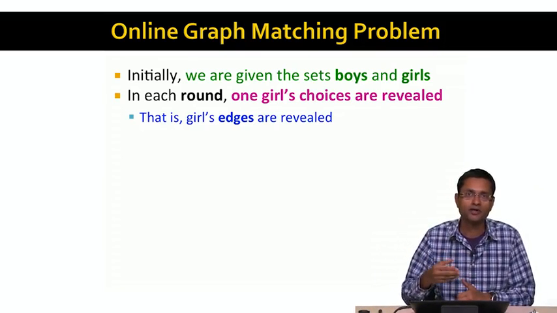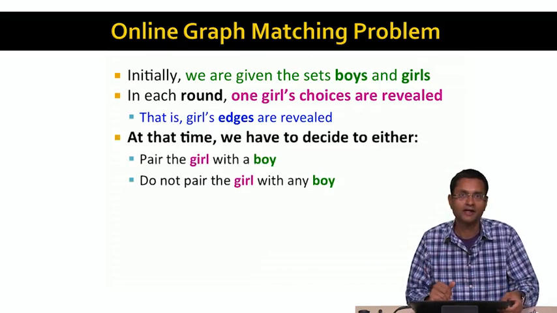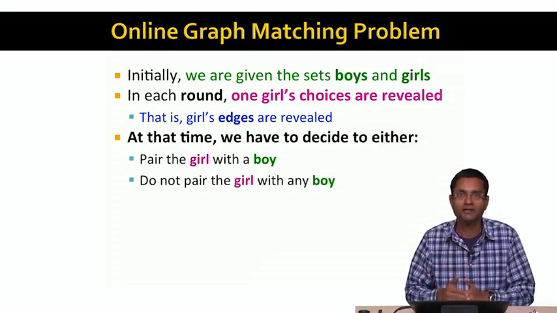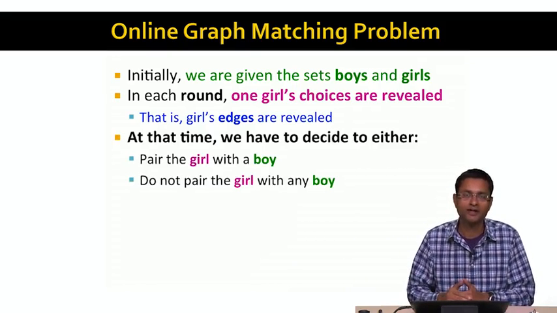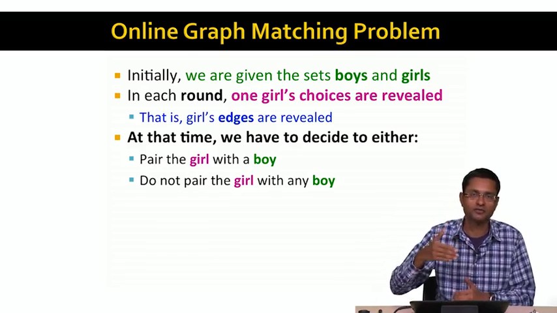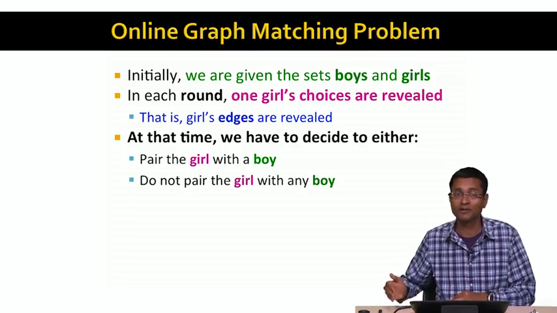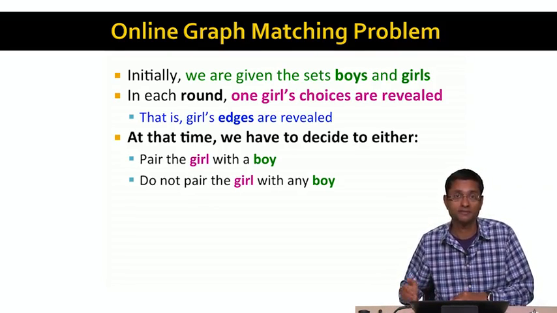Now, in each round, the algorithm has to make an irrevocable decision. And that decision is to either pair the girl with some boy, right? So we know all the edges from that girl to the boy set. So we know all the compatible boys for that girl. So we can either pair the girl with a boy. Remember, we have to pick a boy who has not already been paired because that's part of the rules of the game.